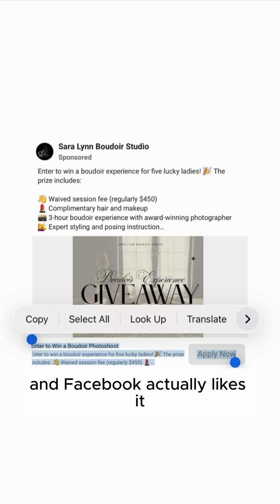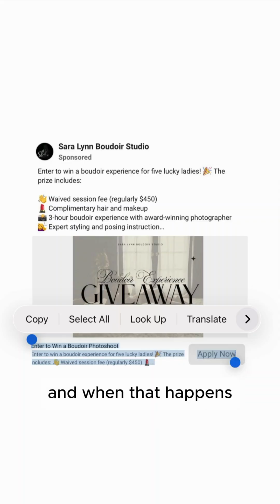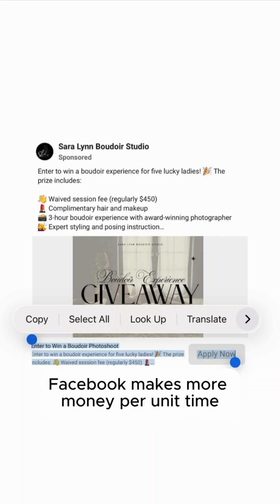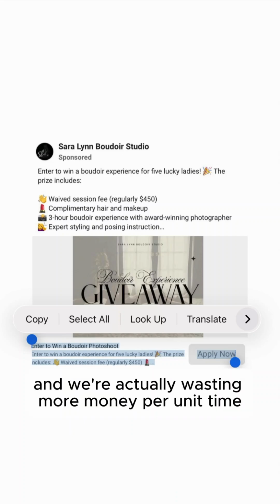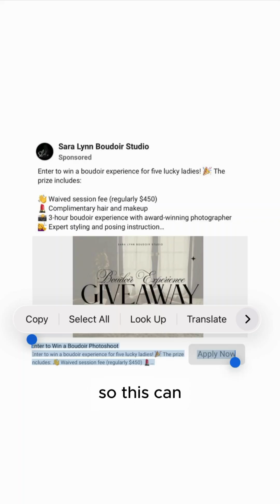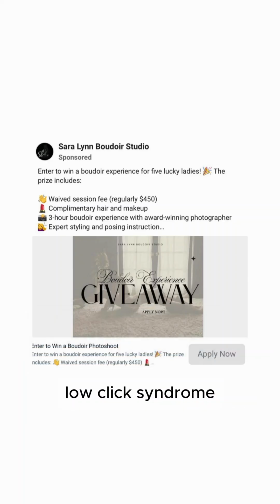And Facebook actually likes it because Facebook gets to serve more ads per unit time. And when that happens, Facebook makes more money per unit time. We make less money per unit time. And we're actually wasting more money per unit time.